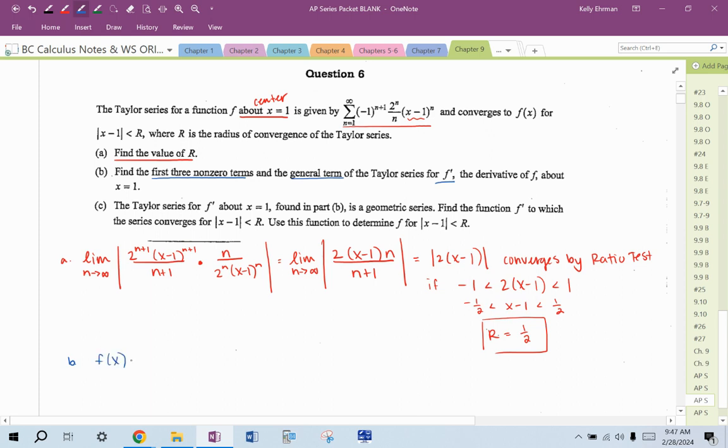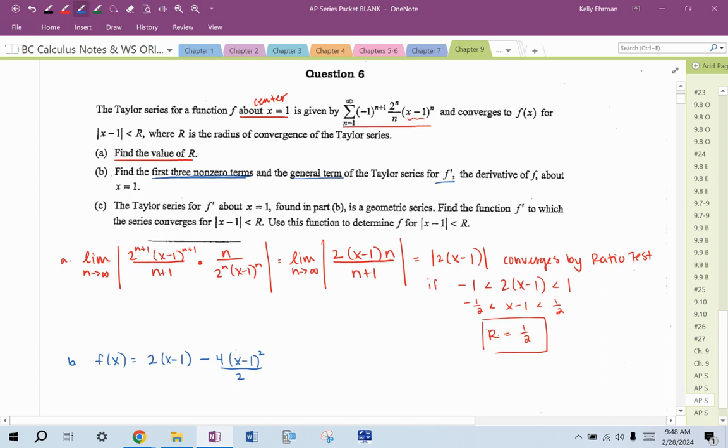f of x is equal to, start plugging in terms. This says to start at 1, so -1 to the second is +1. Then this will be 2 to the first over 1 times x minus 1 to the first power. We need 3 non-zero terms for f prime, so I'm going to take this out to 3 non-zero terms here. Plug in 2: we get -1 to the third, so minus 2 squared is 4 times x minus 1 to the second over 2.